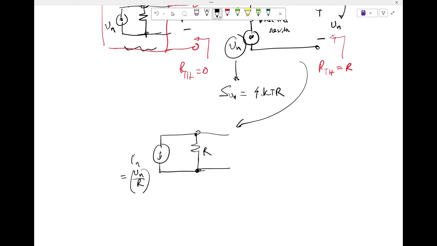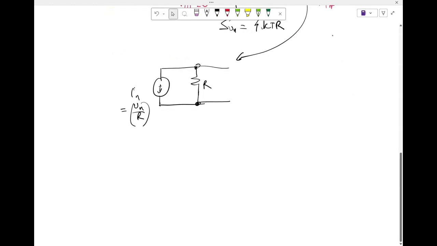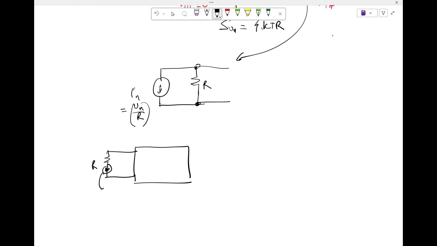Okay, so in order to appreciate that, let me take a step back. Let's see, if I take a noiseless resistance and a voltage source which is modeling the noise, right?